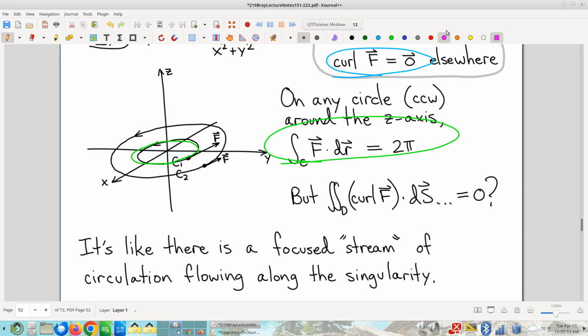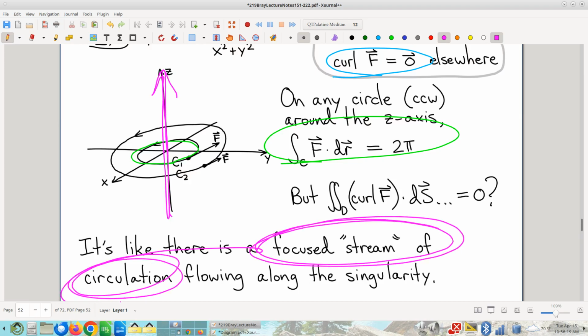That point mass creates a point lump of flux. And likewise here, we have a one-dimensional, fictional current through a curve, not a wire with thickness, but a one-dimensional curve. Again, there's a focused stream of circulation.